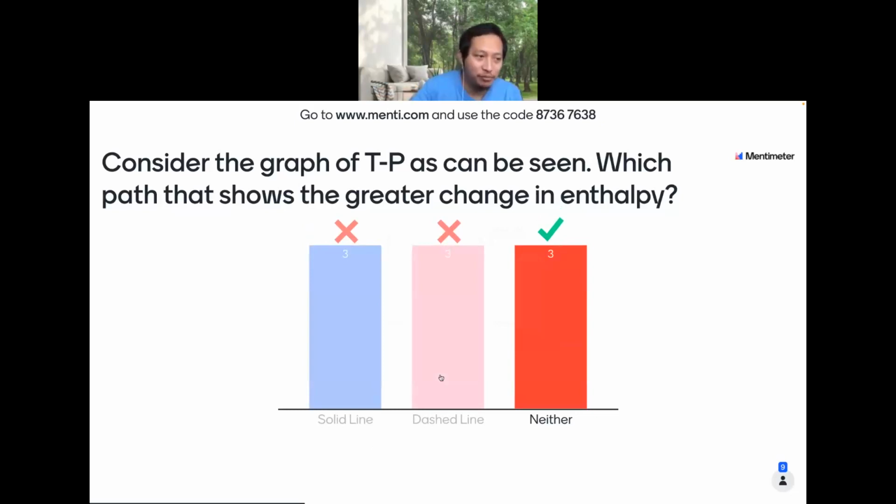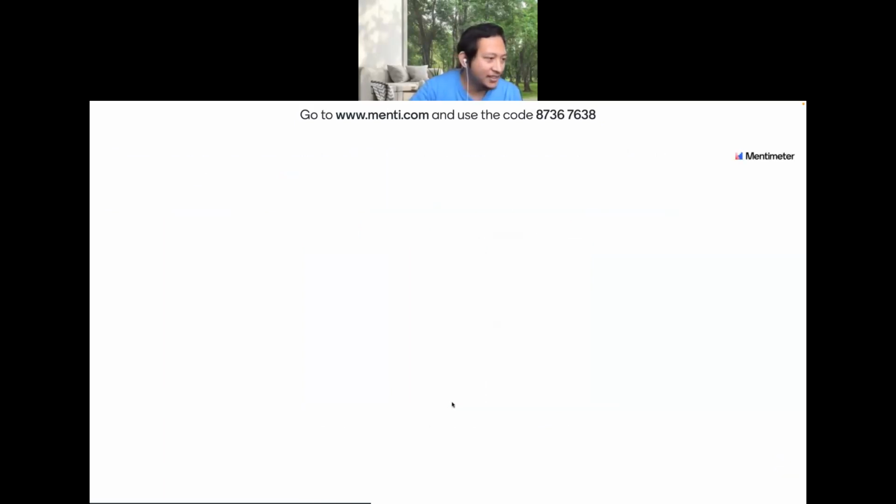Do you know why? Because the enthalpy state depends only on the initial and the end states. So it doesn't matter whether you choose solid or dashed, it should be the same enthalpy. Okay, next one.